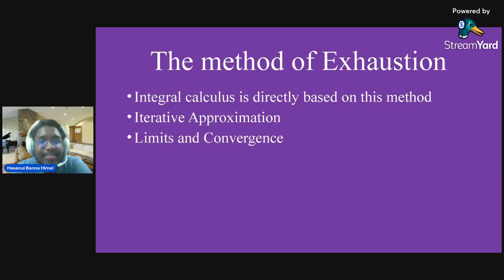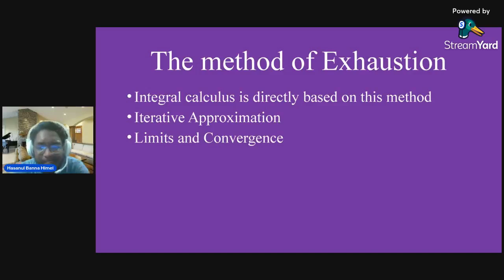And it has iterative approximation. So what is iterative approximation, or how can we define it, or how can we do the method of exhaustion? It gives us a question, right? So what is the method of exhaustion, what is iterative approximation, and how to do that?